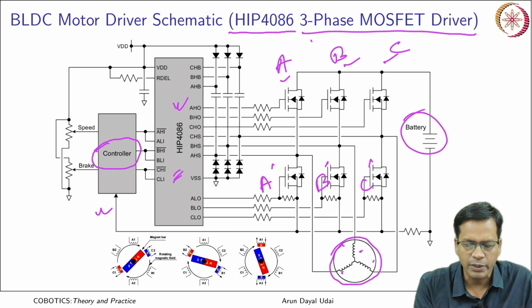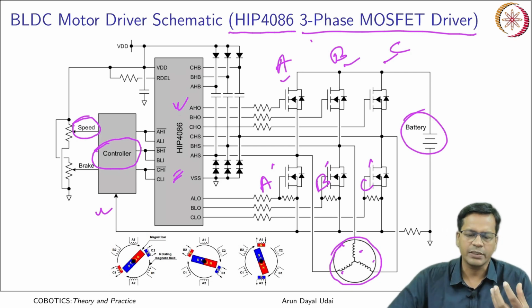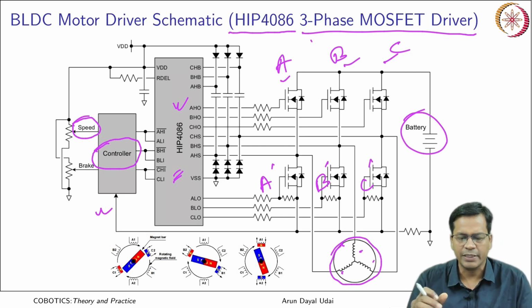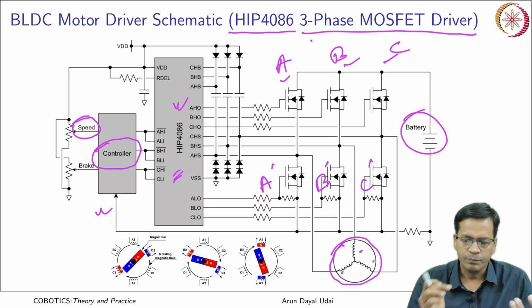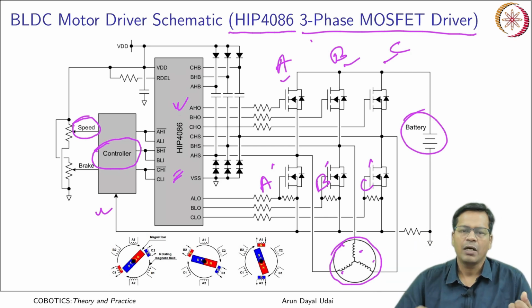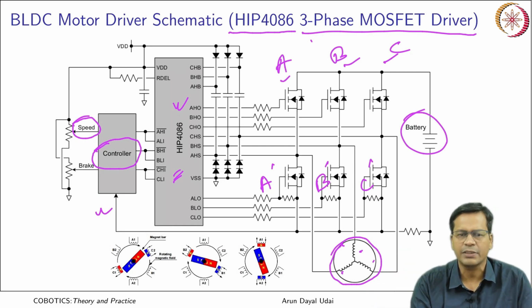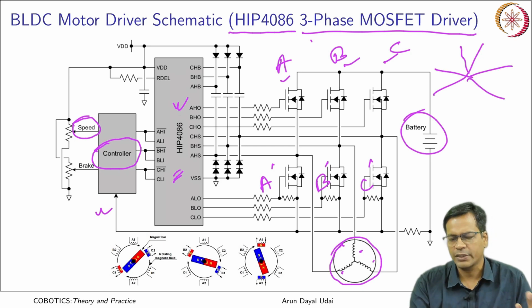So you can control the speed depending on the Hall effect feedback, or whatever speed you desire, you can precisely control. Okay, so using that you can control the speed, and if at all you have a joint angle sensor also, apart from the encoders, apart from the Hall effect sensors which are there, which can give you a rough estimate of your state, where you are, 1, 2, 3, 4, 5, 6.